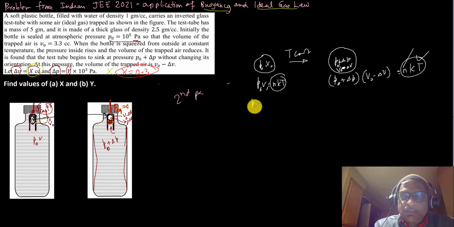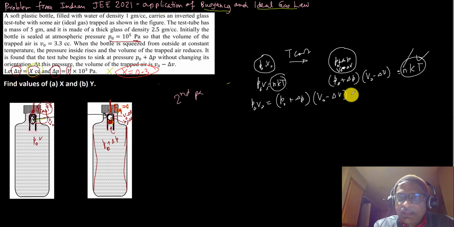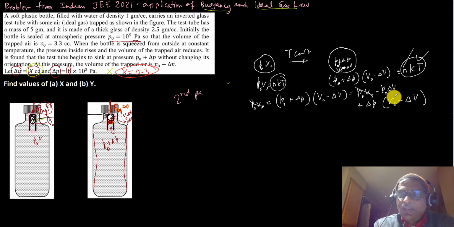From this you have P0 V0 equals (P0 plus delta P)(V0 minus delta V), and if I expand this it becomes P0 V0 minus P0 delta V plus delta P times (V0 minus delta V). So this cancels that, and I can bring it to the other side.